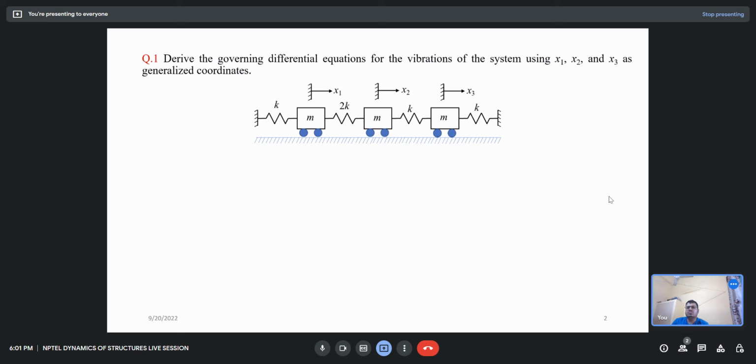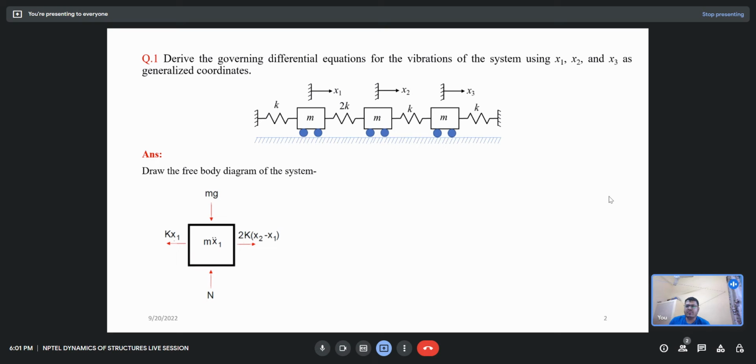First, to solve this, we draw a free body diagram of the system, showing how the forces are applied on the mass blocks. For the first block, this is mx1.